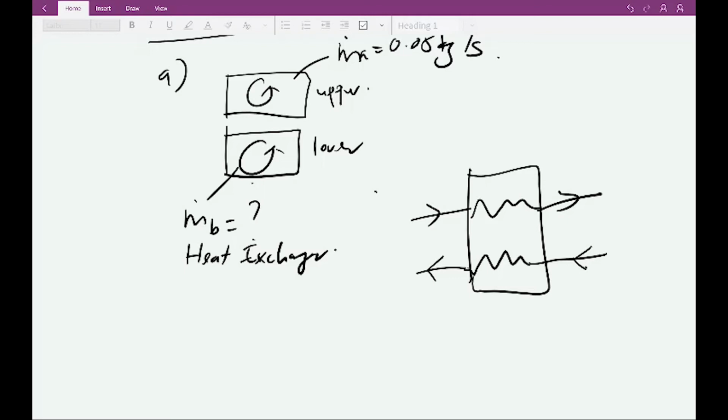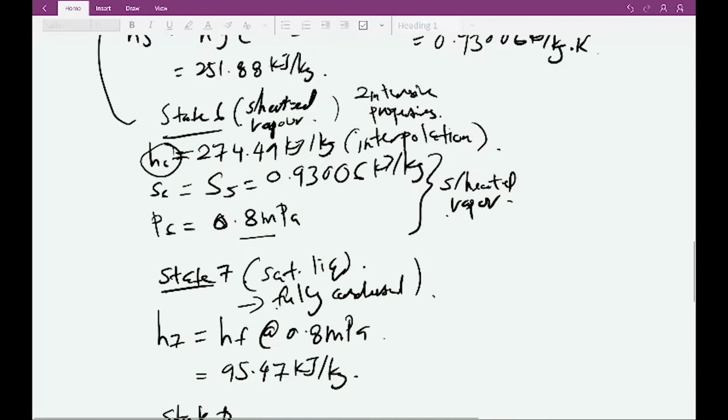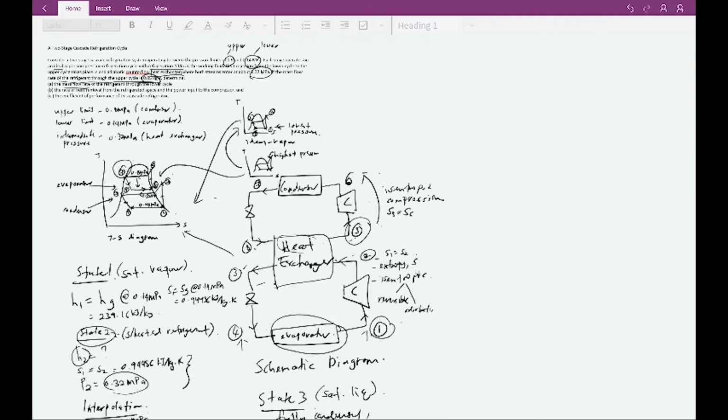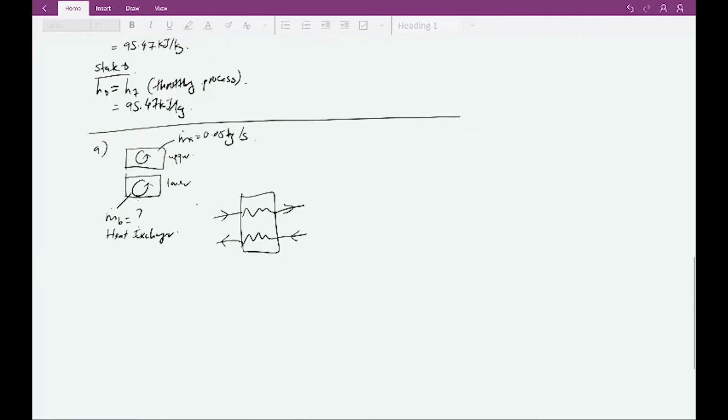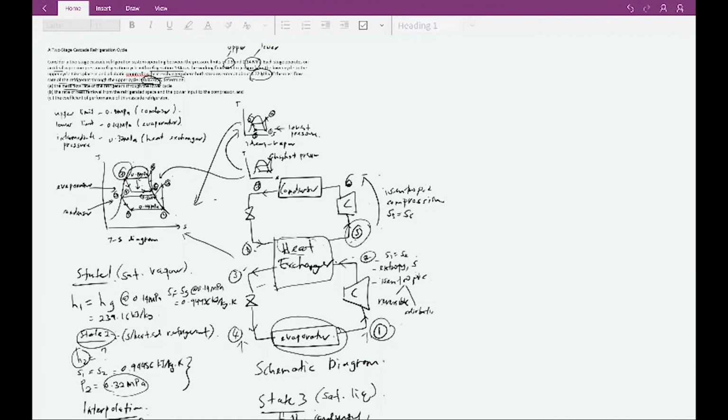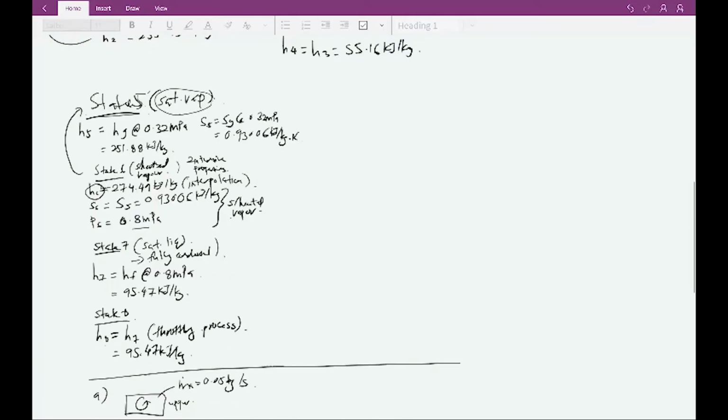So this is the process flow. I am right here from state 2 to 3. This is state 2, this is state 3. And from the upper cycle, I refer here, from state 8 to state 5.